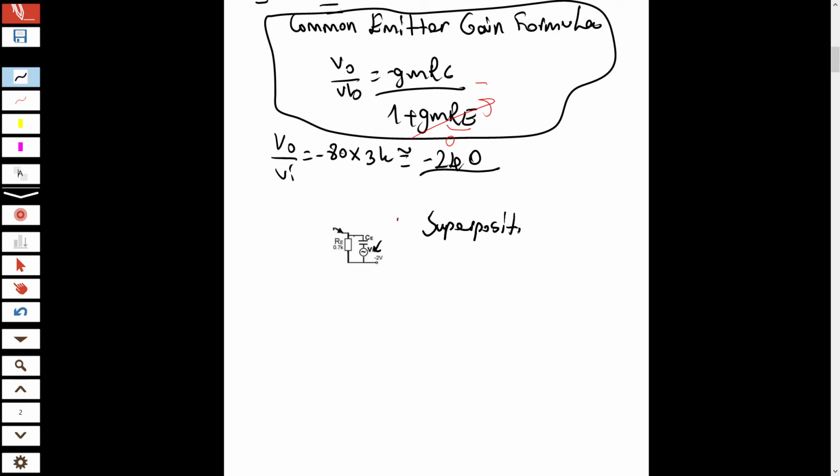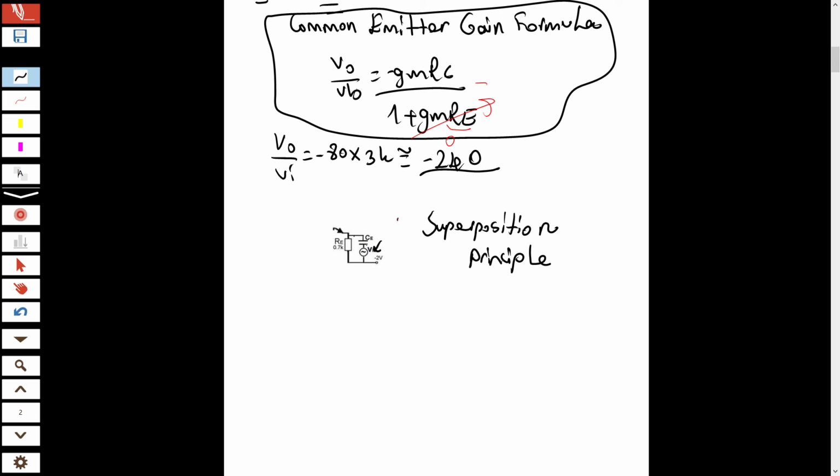The superposition formula says that if there are independent sources, I can take one active at a time and deactivate the others. Doing this for all of the independent sources, at the end I can add the effect of each of them. We found the gain without V input 2 in the circuit, so we thought of V input 2 as short circuited.